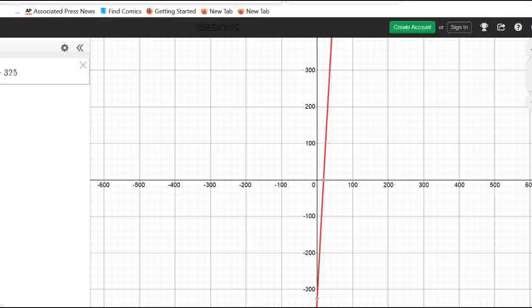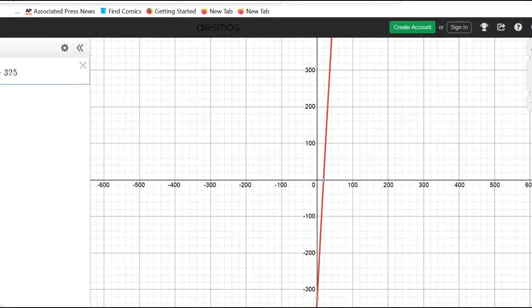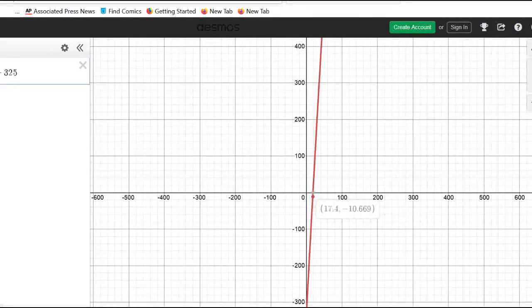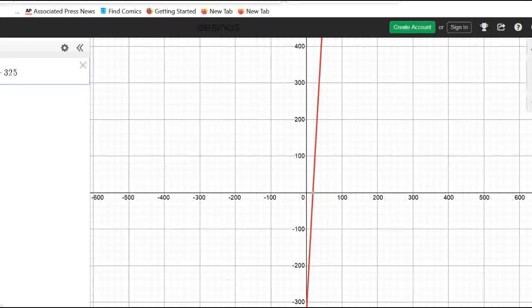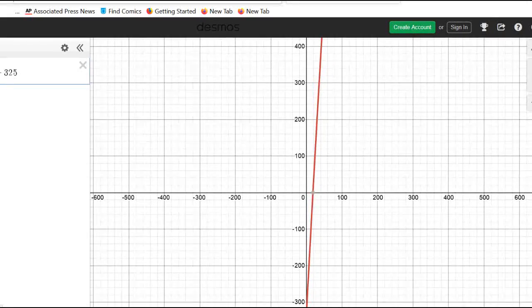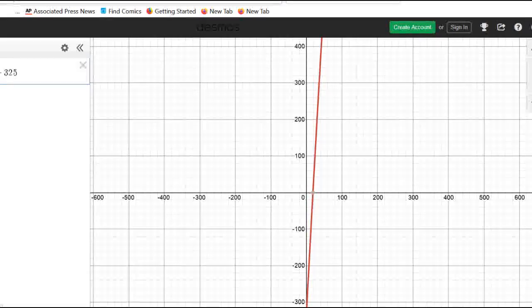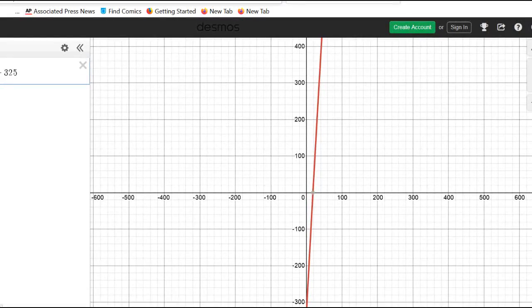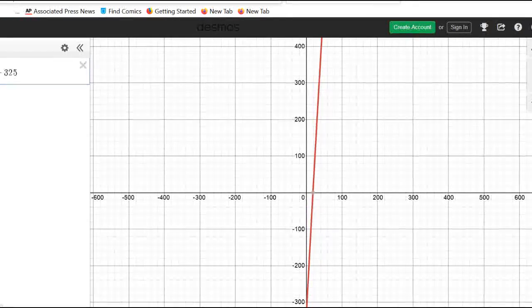And I'm seeing that one place it crosses the x-axis is like 20 jars. You make 0 profit at 20 jars because you've raised the price so much that you only make $325.